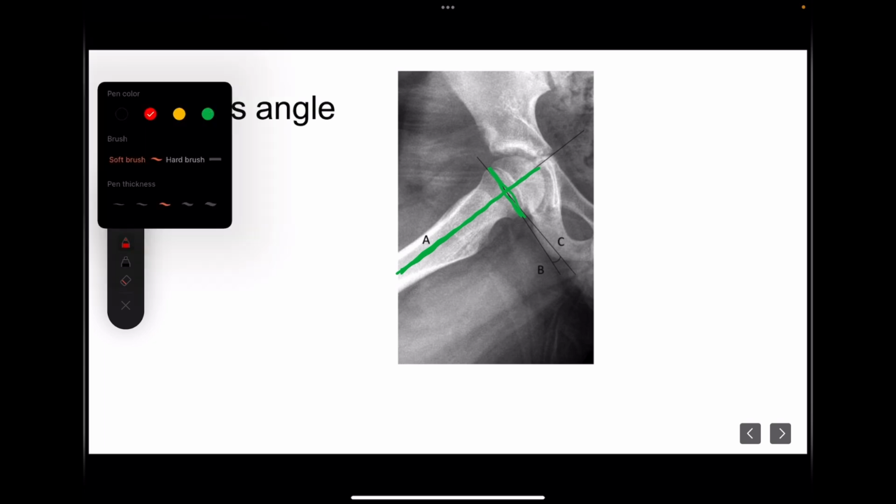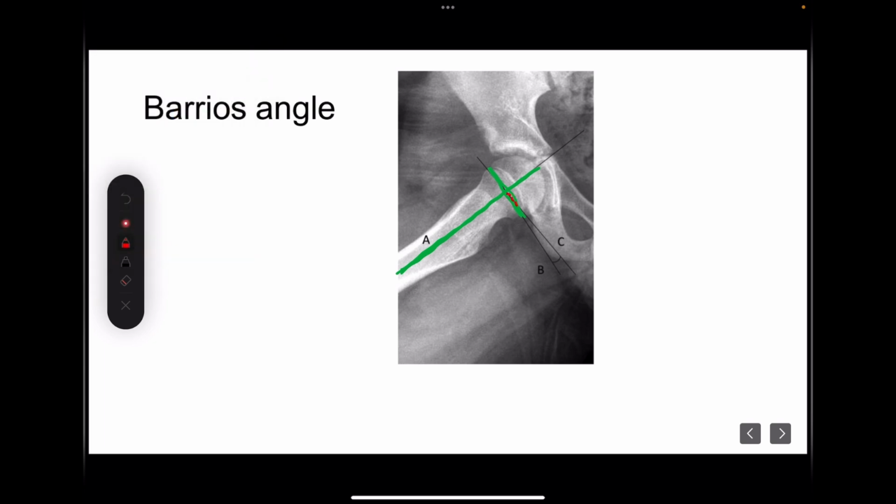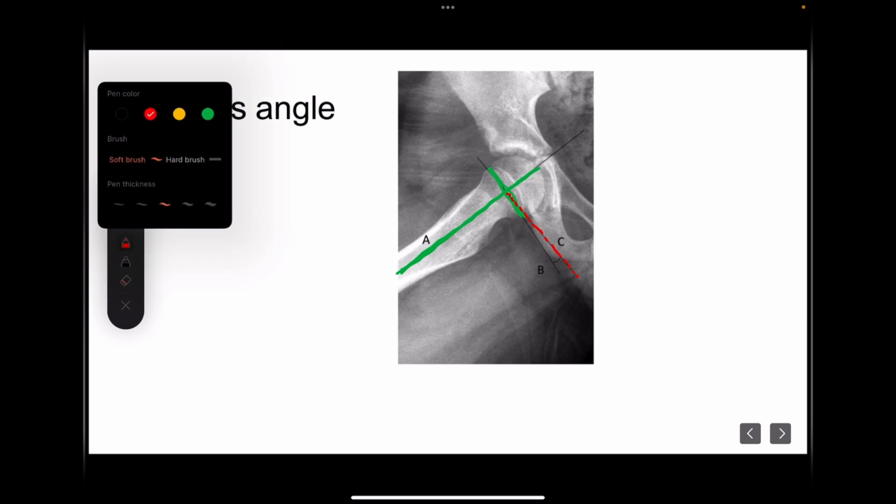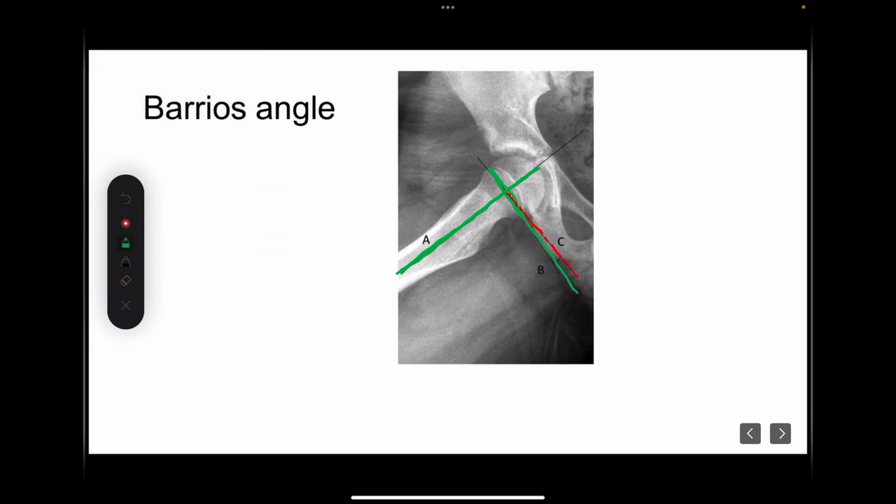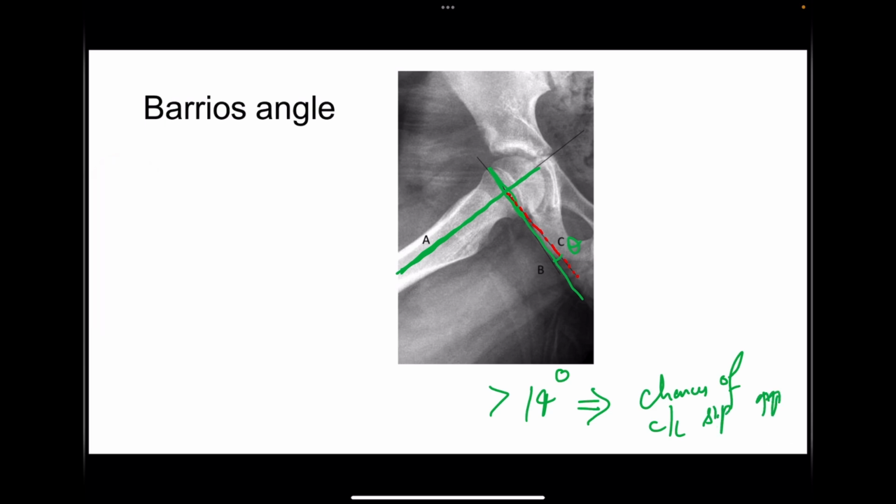So we have drawn a line perpendicular to the shaft of the femur, and we have already drawn a line along the physis. The angle between the two is the Barrios angle, and whenever this angle is more than 14 degrees, the chances of contralateral slip are more. So this tells us when we should be doing prophylactic pinning on the opposite side, which we will discuss in further slides.